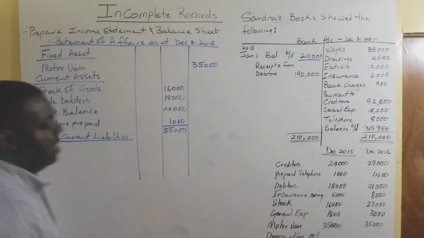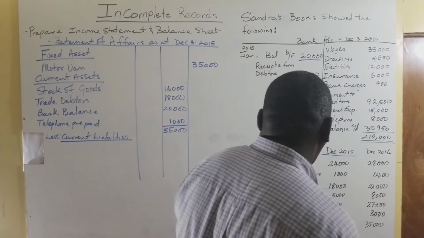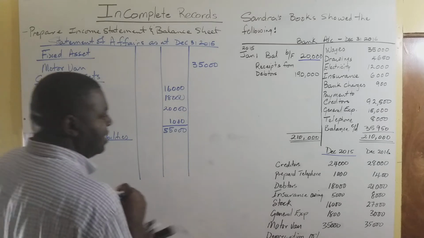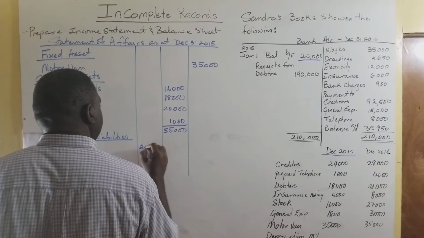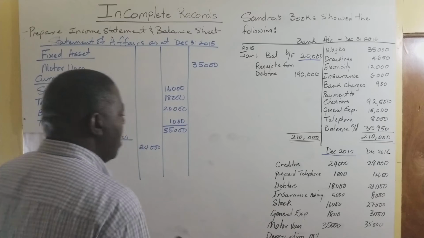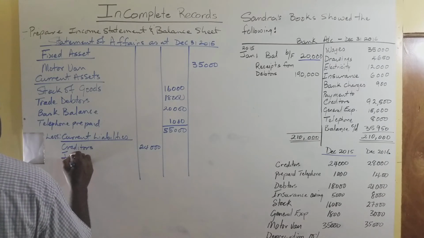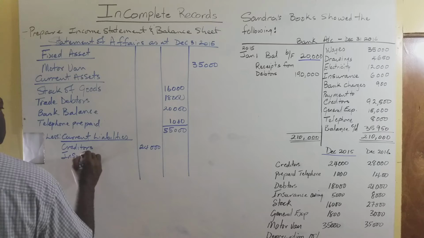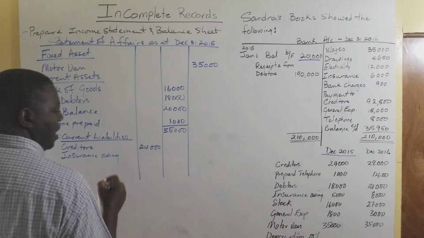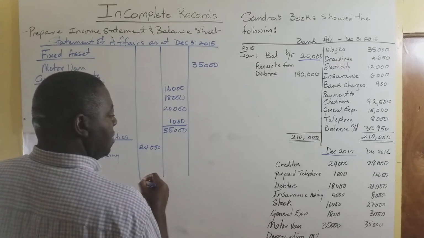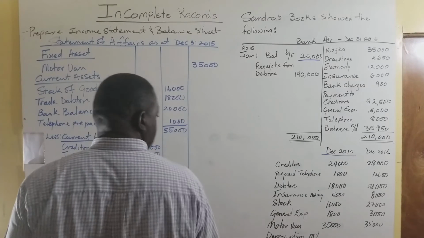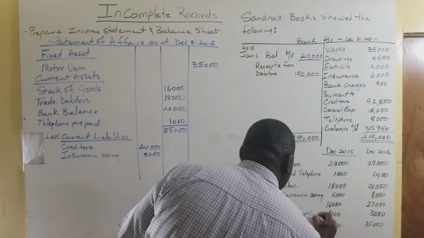All right, and in the question, our current liability would be creditors, and the creditors figure is 24,000. We also have insurance owing, opening insurance owing. And that is insurance owing 5,000. We also have this is owing as well, please.